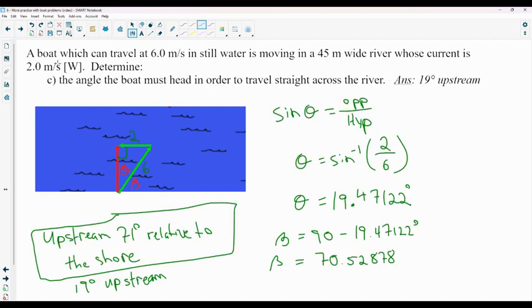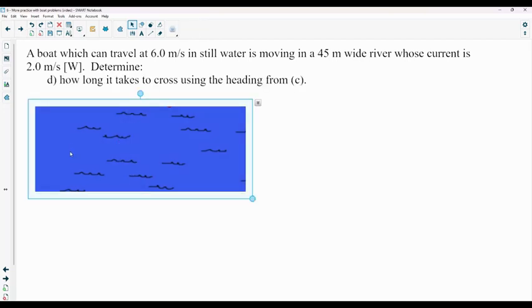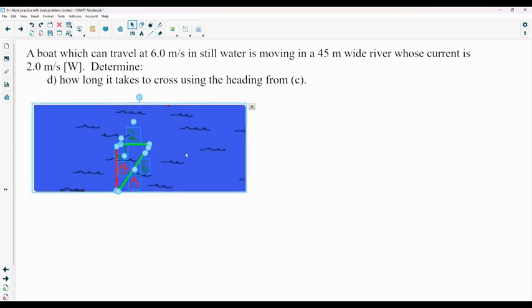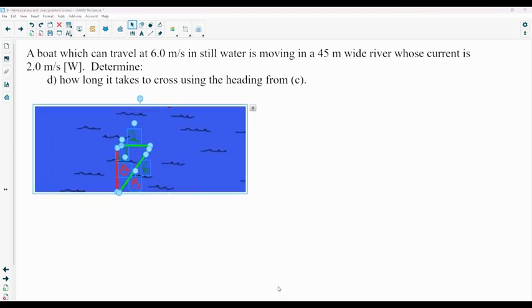Let's actually copy my picture from this side here. And we'll paste it right here. Cover that one up. Okay, so we want to know how long it's going to take doing this to get across the river.